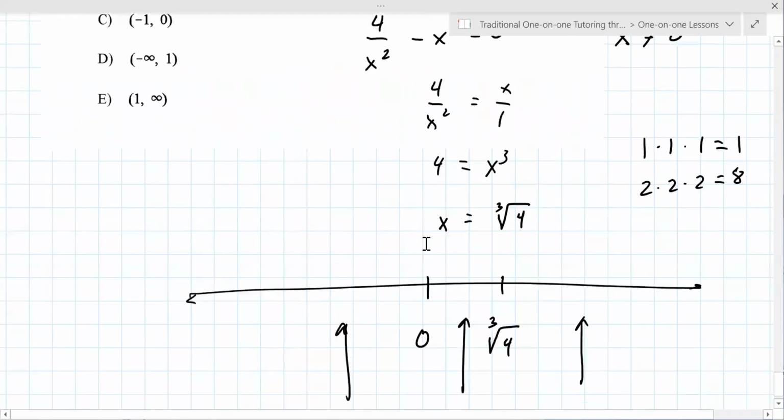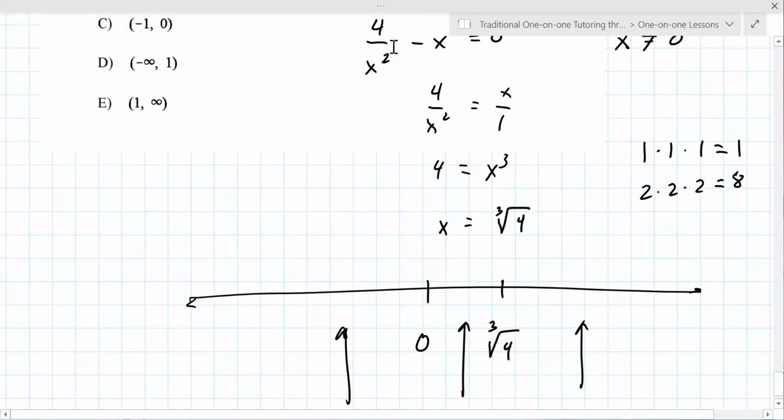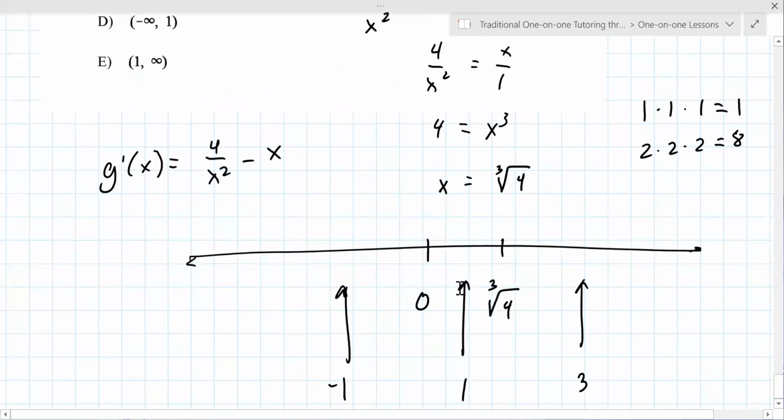Now you're testing this in this line right here. Your g prime of x is 4 over x squared minus x. This one you actually do have to give a little more effort. When you put 1 in, you actually want to get the number. So 4 over 1 squared, 4 over 1 minus 1, that's positive. 4 over 3 squared is 4/9 minus 3 is negative.